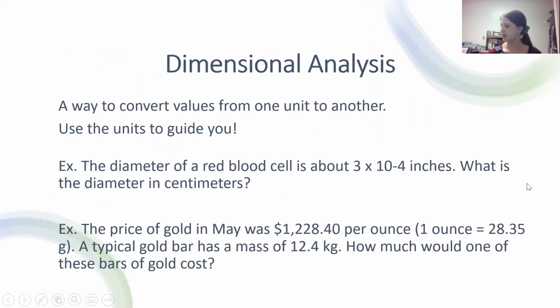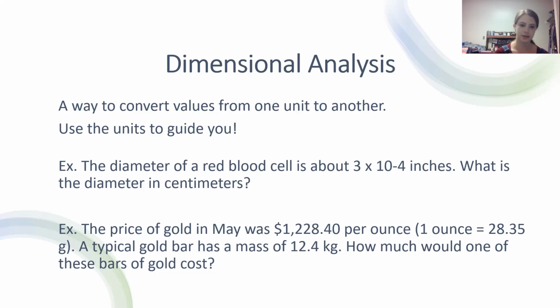Okay. Now, dimensional analysis is a really awesome way that we can convert values from one unit to another. And we use things called conversion factors. So a conversion factor is like 12 inches equal 1 foot, or 1 gram equals 100 milligrams. And I think it will be easiest just to do some problems to show how this works.